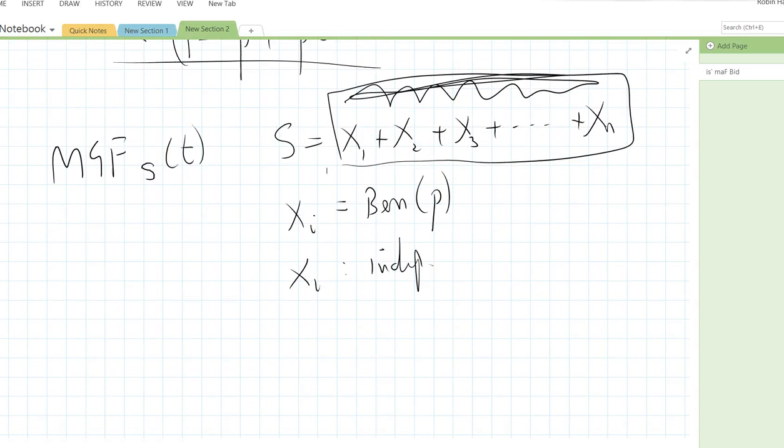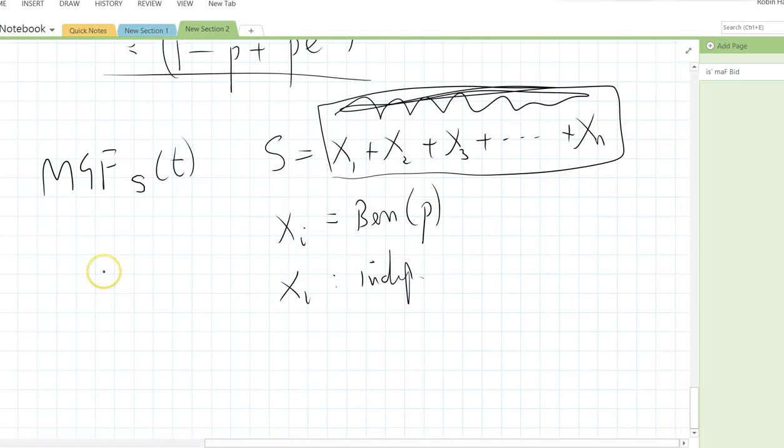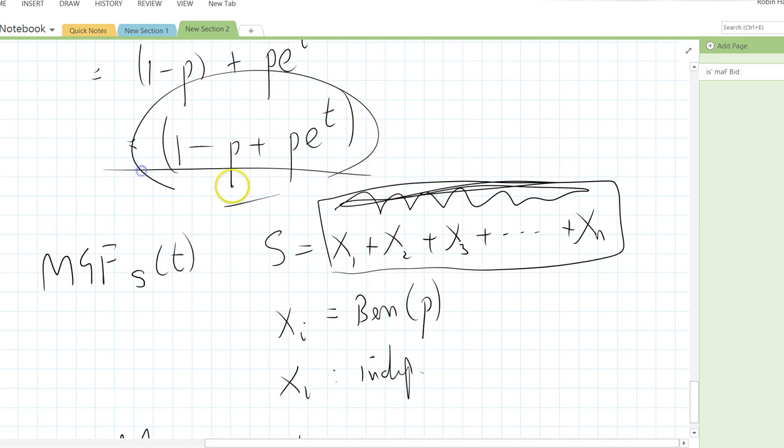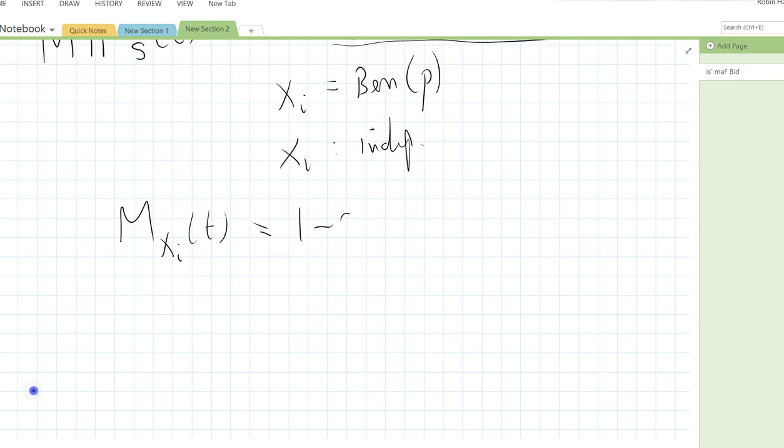Well, let's have a look at it then. We know the moment generating functions of all these. We know that M_Xi(t) is, it's up here, look, there it is, 1 minus p plus p e to the t. Now we use that fact from Wikipedia.